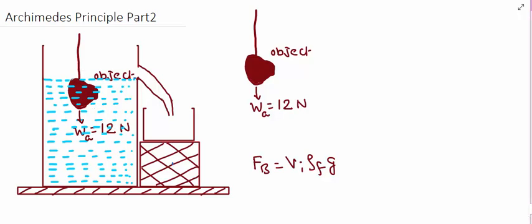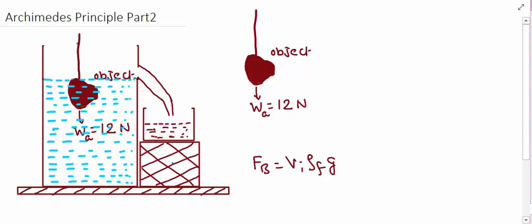Now its weight in air is 12 Newton and it is suspended by a spring. We will experience two things. When this goes inside water, some amount of water will get collected over here. This is the water which has been displaced by this object. And secondly, the weight of this object inside the liquid will decrease.